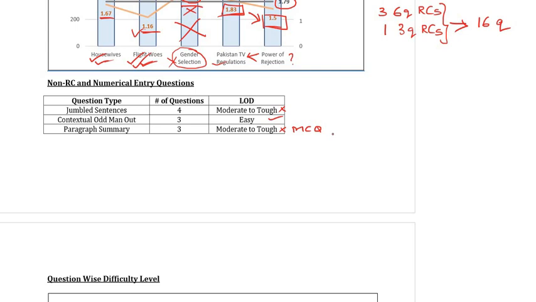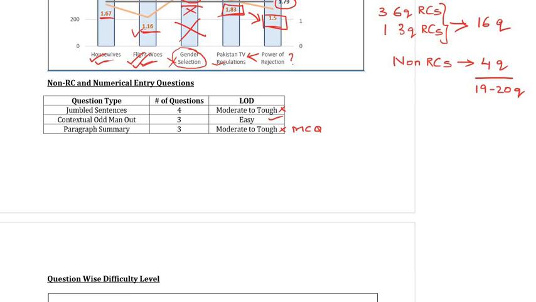While we advocate that you mark all the numerical entry questions as far as possible, the number of good attempts in such a case is always considered as those questions where you are fairly sure of your accuracy. So here, even if you were to selectively attempt 3 to 4 questions in the non-RCs, where you would be sure of your accuracy, it would be a good performance. So on the whole, if I look at this, anywhere around 19 to 20 questions would be a very good performance as far as this verbal section is concerned.